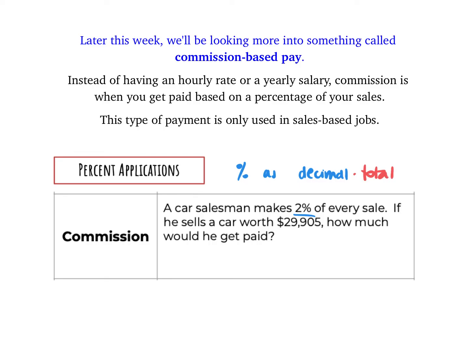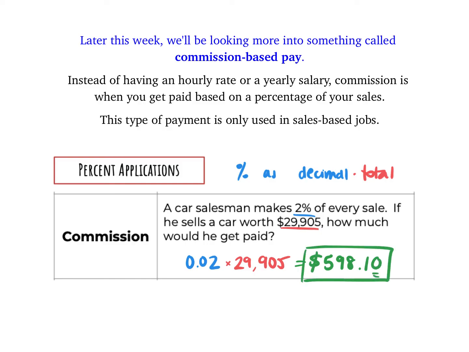So 2% as a decimal would be 0.02. We're going to multiply that by how much that car costs, $29,905. So 2% of $29,905 would give us $598.1. So for money, we're going to add a 0 to that, and that's how much this salesman would get paid.